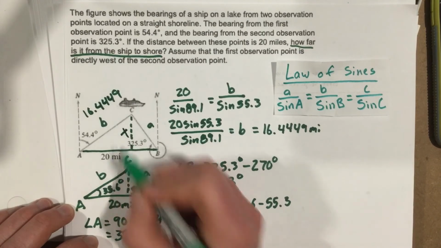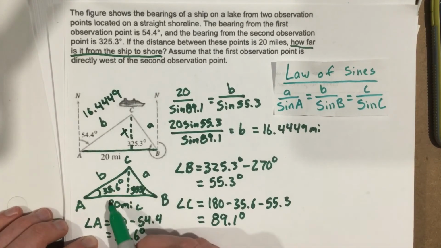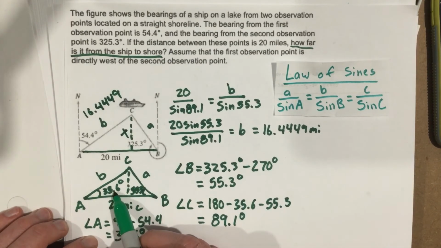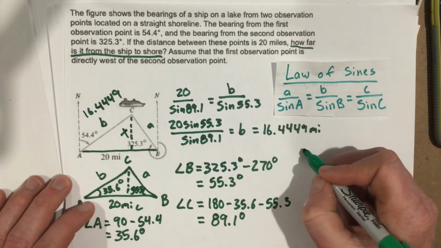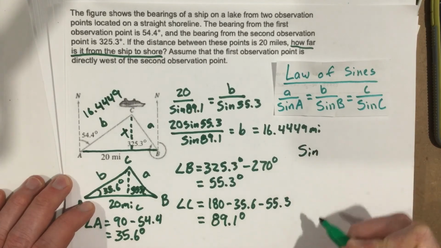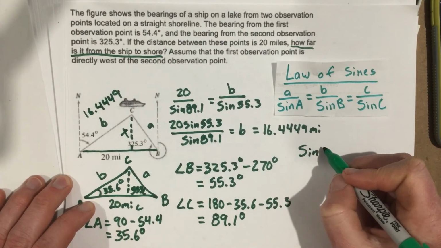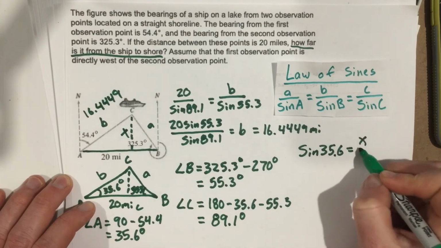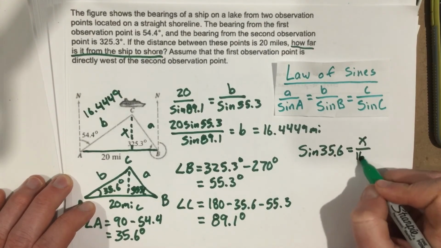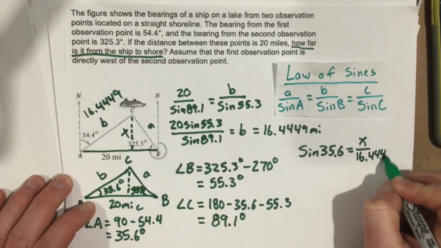I want to find X, we'll say. So I know that this angle is 35.6. That's the opposite side, that's the hypotenuse. So I'm going to say sine of 35.6 equals X over 16.4449.